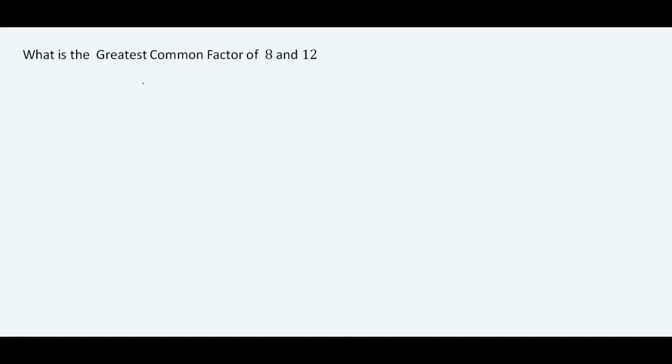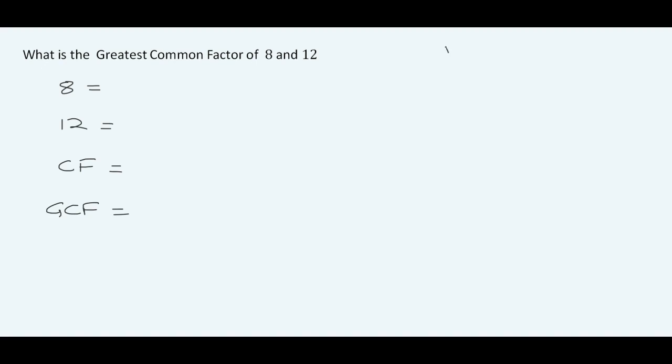So let's start with the greatest common factor of 8 and 12. We're going to try the approach that we used in the previous video, which is listing the factors of 8. So let's look at this. 8 is right here, 12 is right here, then we have common factors and then greatest common factor.